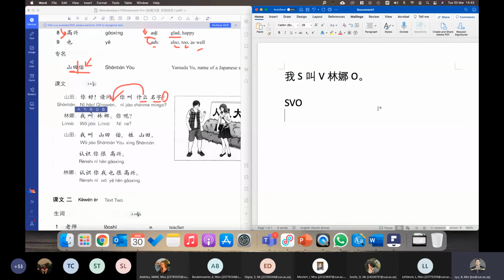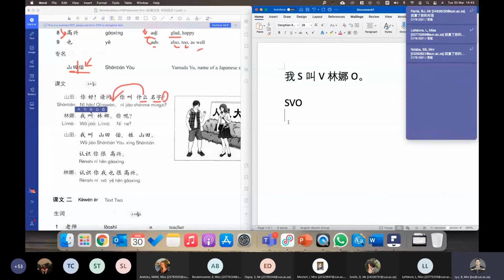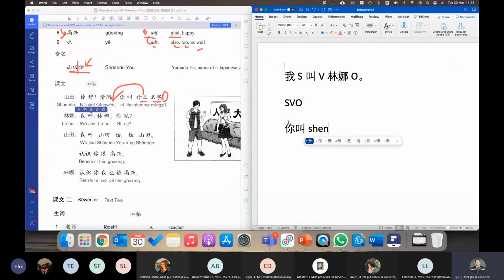Right. And now let's look at how a question is formed. If I want to ask what's your name, I simply change the subject from I to the second person because I'm asking you, 你, right? Then I'm putting the verb here again, 叫. Right? Then I put the object, which is a little bit complicated here because it has 2 parts. One part is the question pronoun.